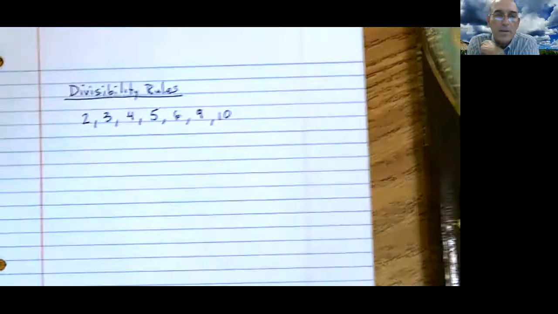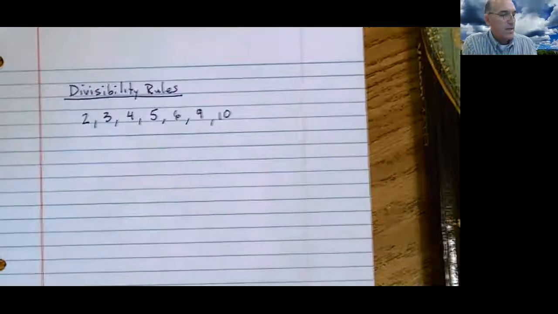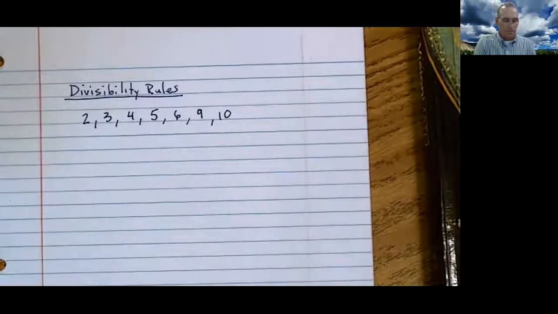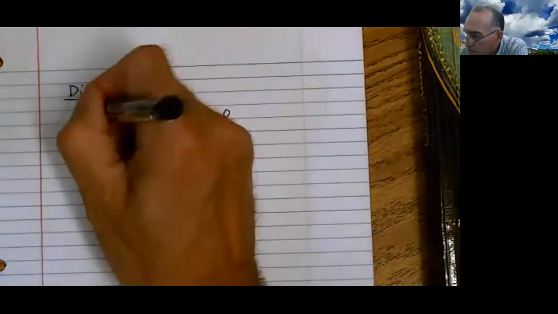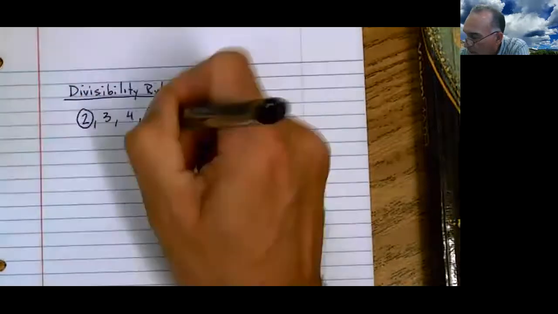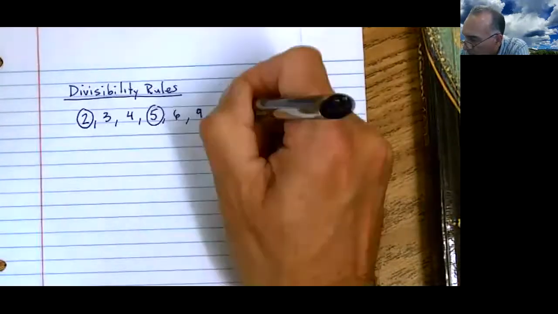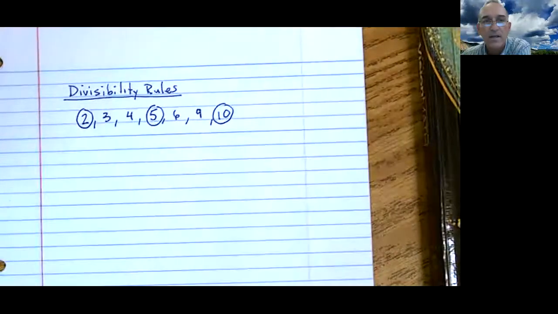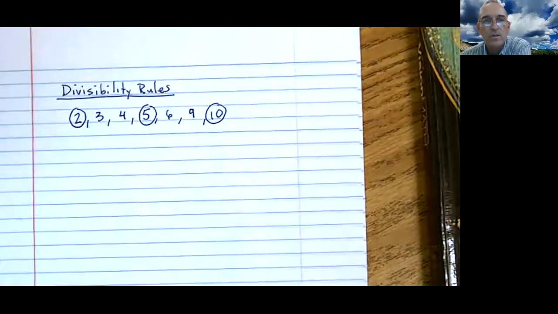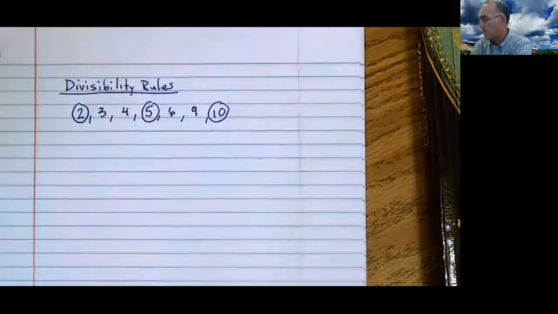I want you to be able to look at any number and know if it's divisible. You already know 2, 5, and 10. Let's do those ones really quickly.